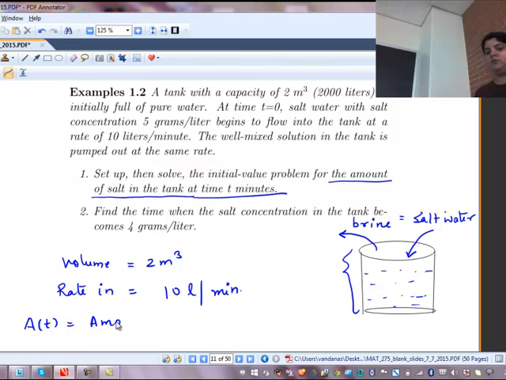So amount of salt in tank at time t minutes. Okay.